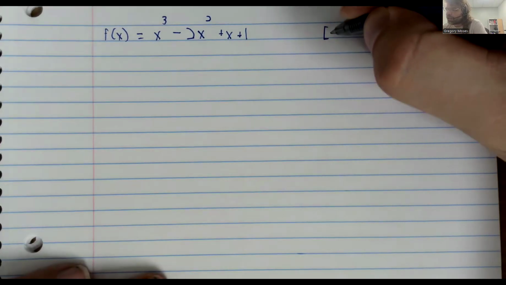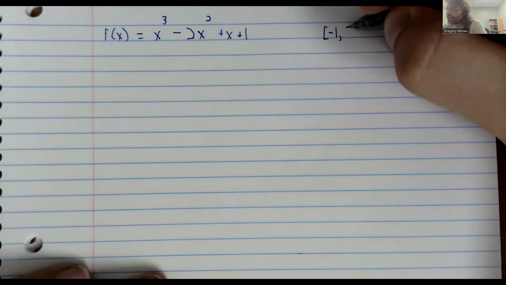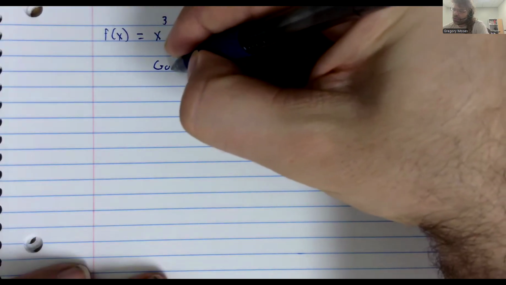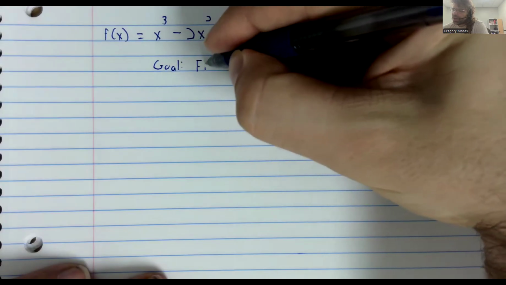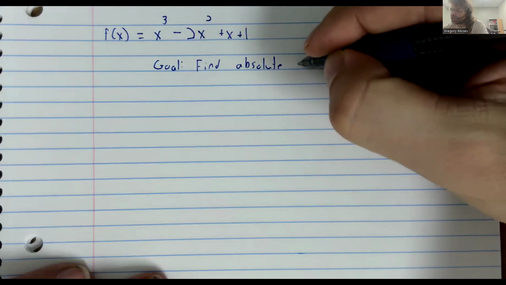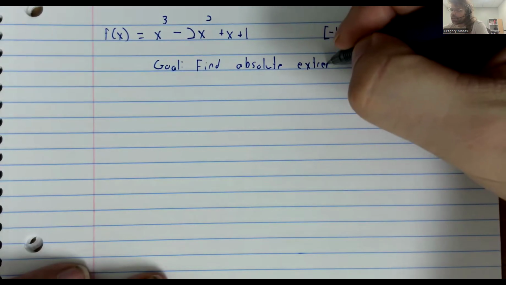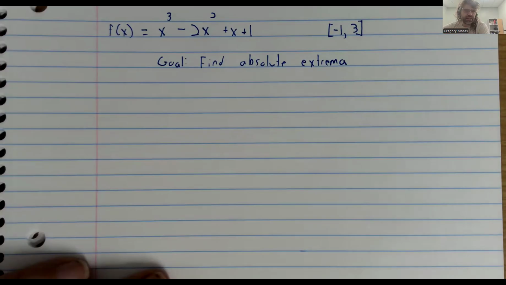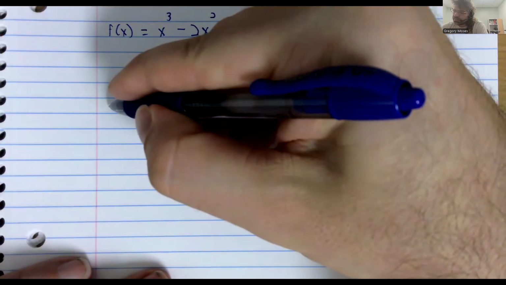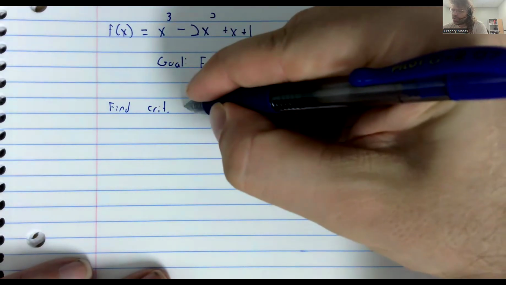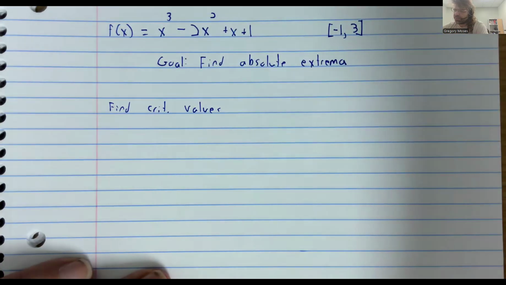And we're on a closed interval from -1 to 3. Let's see how we find the absolute extrema. So step 1 is going to be the same. We're going to find the critical values.